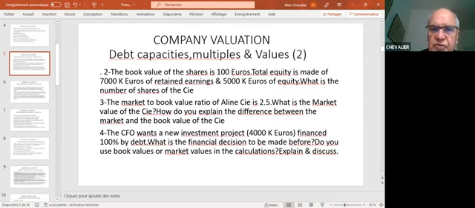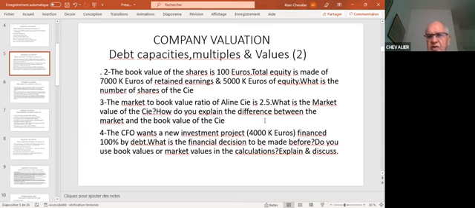After that, we tried to use the market to book value ratio, the market value of the company, and we have some comments also on how to explain the difference between the market and the book value of a company, which is clearly very close to what I said.